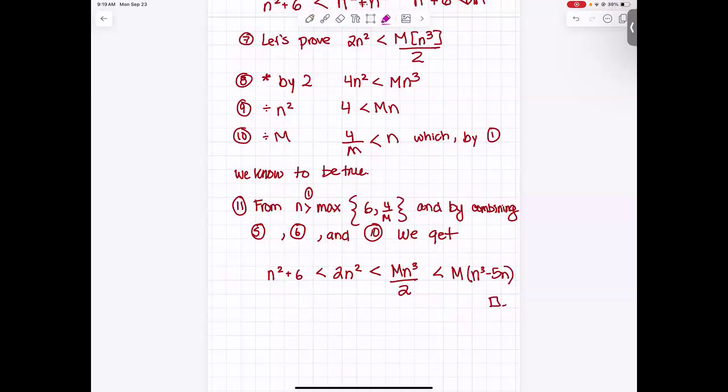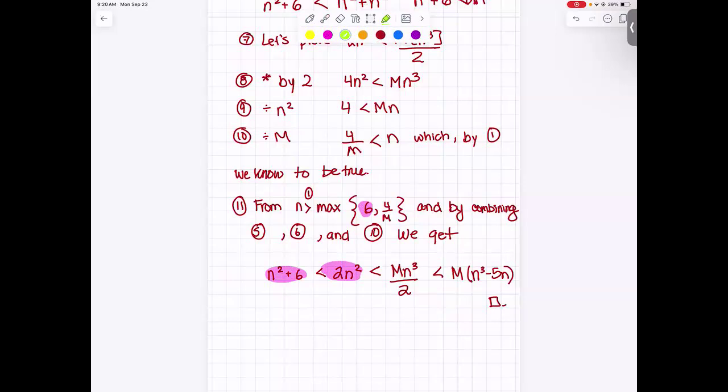So just as a final hurrah, let's confirm how we did each of these. So this one we proved using that round up trick because we knew that n was going to be at least as big as 6, making n squared big enough.